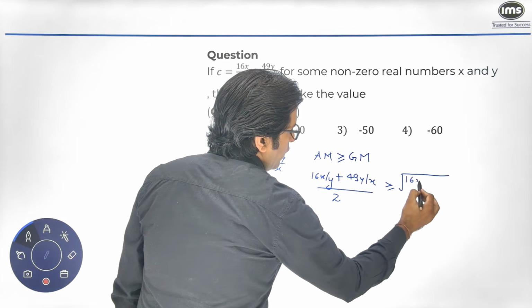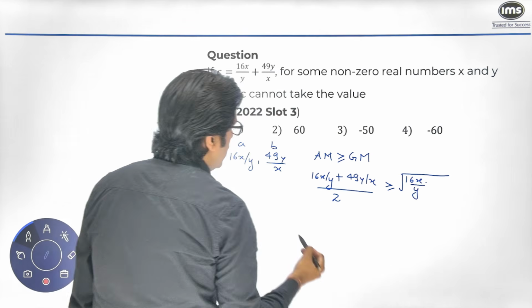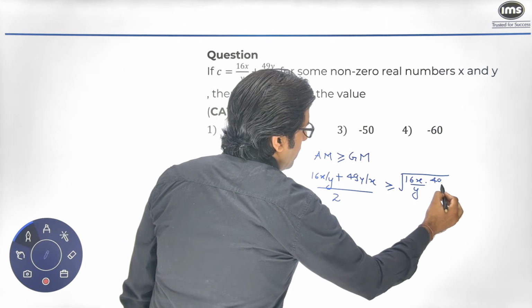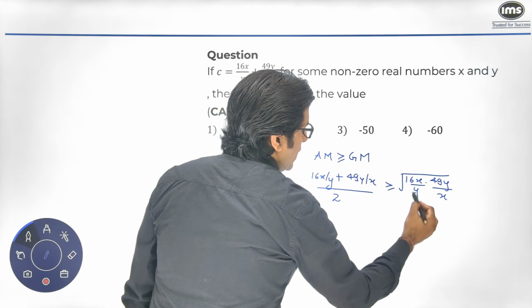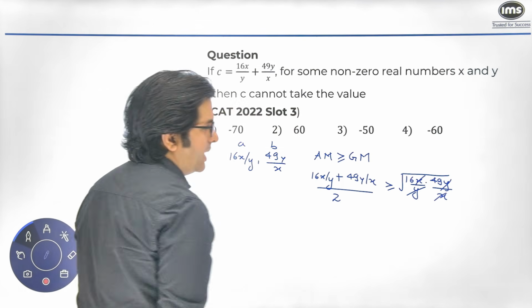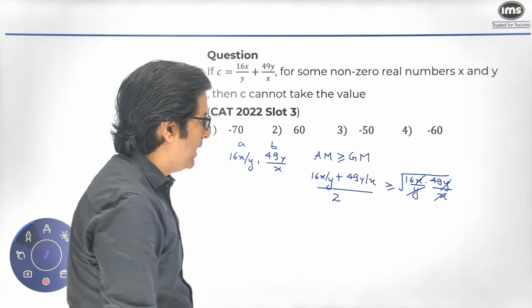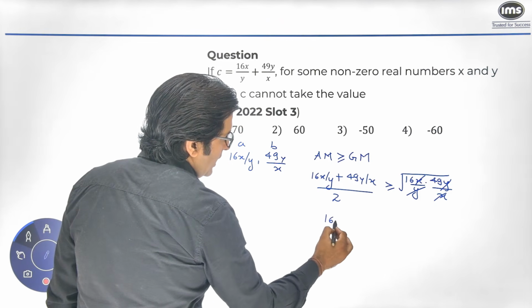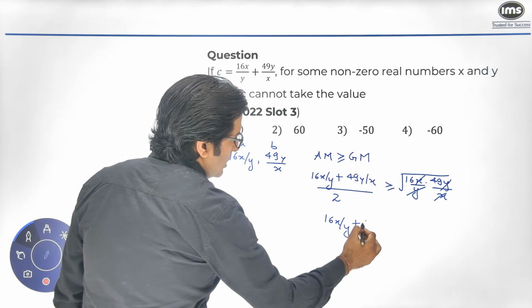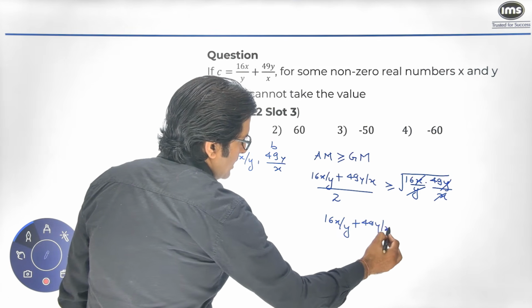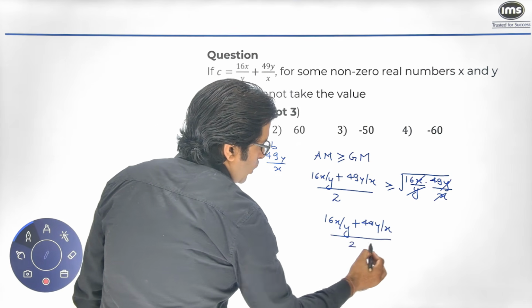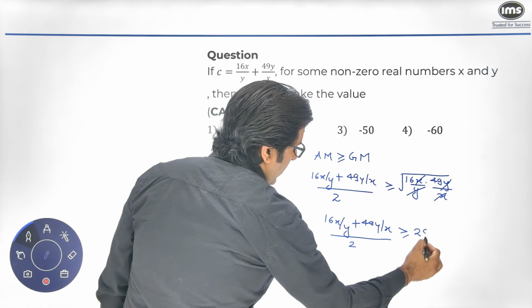Now, the moment you think of product 16x by y into 49y by x, immediately you'll be able to cancel y with y, x with x. And under root of 16 is 4, 49 is 7, so 4 7s are 28. So I can immediately say that 16x by y plus 49y by x divided by 2 has to be greater than or equal to 28.